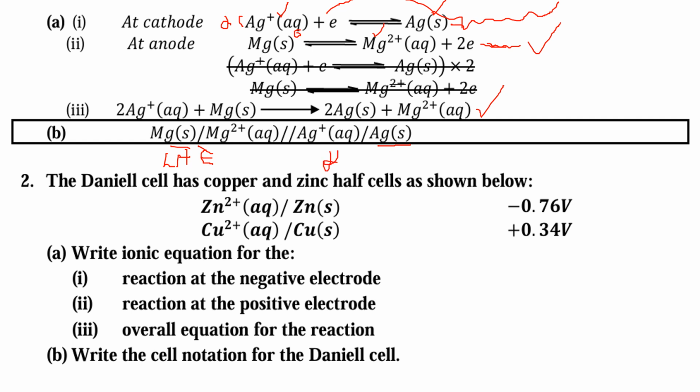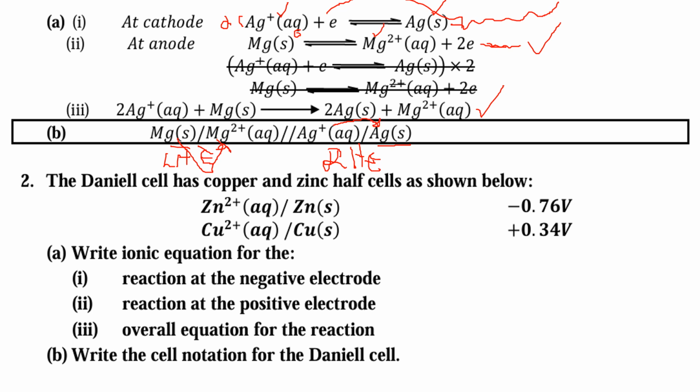But the right-hand side is owned by the cathode, so whatever you write must be in terms of reduction. That's why in this cell notation magnesium turned into magnesium 2+ ions, because this is an oxidation reaction. It shows that magnesium was oxidized from 0 to +2. But on the right-hand electrode, which is the cathode, reduction took place, whereby silver reduces its oxidation state from +1 to 0.